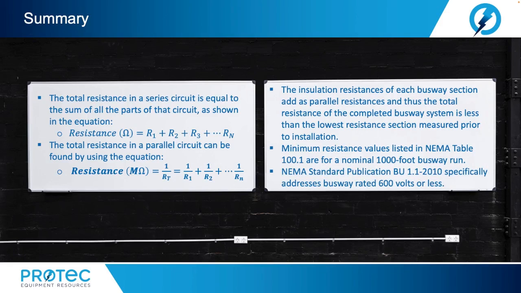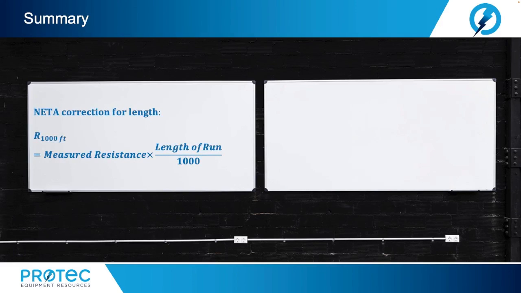NEMA standard publication BU 1.1 specifically addresses busways that are rated 600 volts or less. And since NEMA is the National Electrical Manufacturers Association, this would be manufacturer recommended values. Now, the NETA correction factor for length is going to correct to 1,000 foot.